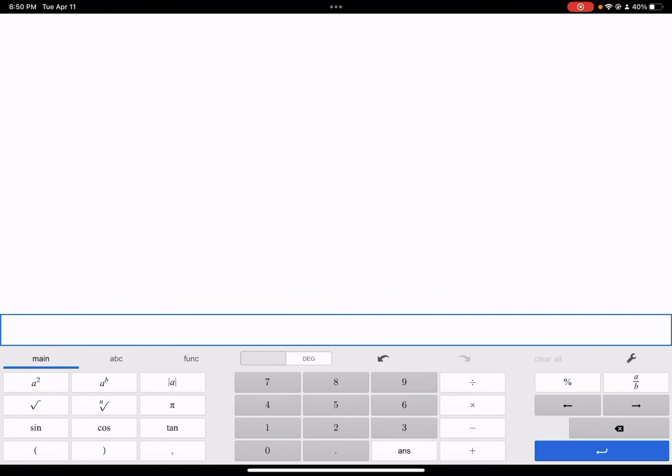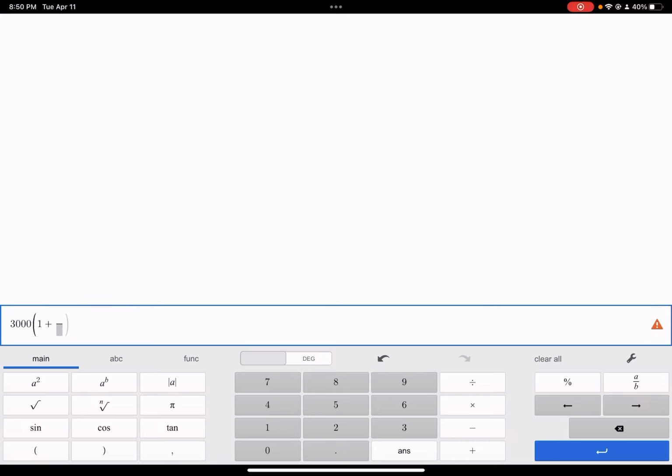Okay, so we're going to fill that in. I have my 3,000, my open parentheses, 1 plus, we're going to set up our fraction here, 0.03 over 4. Close your parentheses, raise it, open parentheses, and then put your 4 times 10 up there. You can see that keeping that 4 times 10 in parentheses kept it small, kept it in that exponent. And that gives us a value of 4,045.045837.